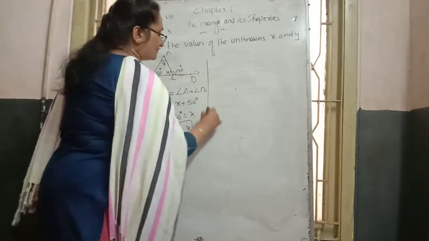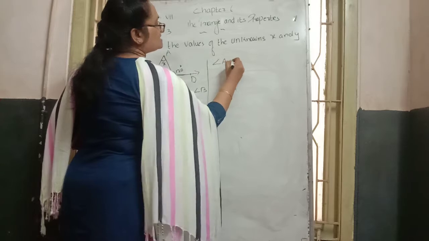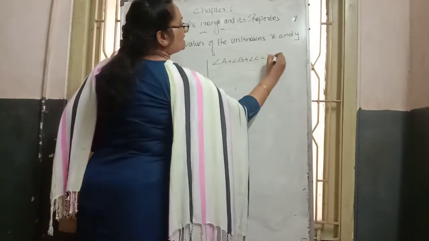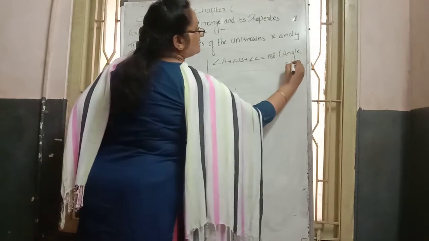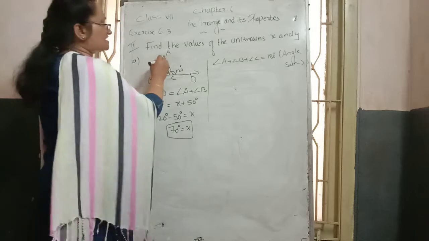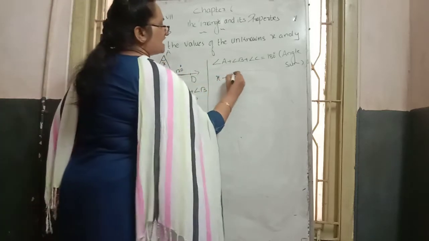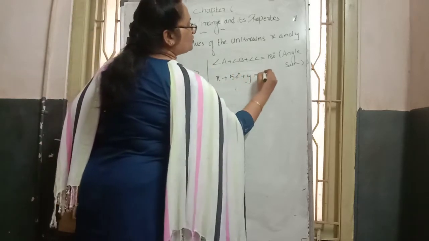Angle A plus angle B plus angle C is equal to 180. Angle A is x, angle B is 50, and angle C is marked as y. Instead of C, we substitute y.